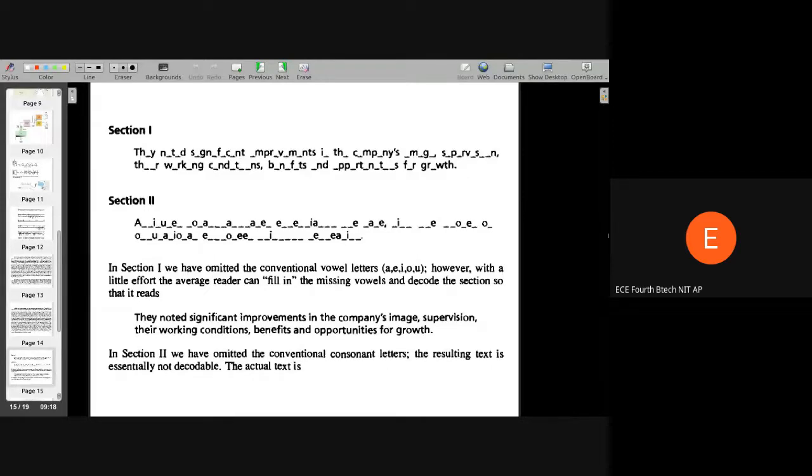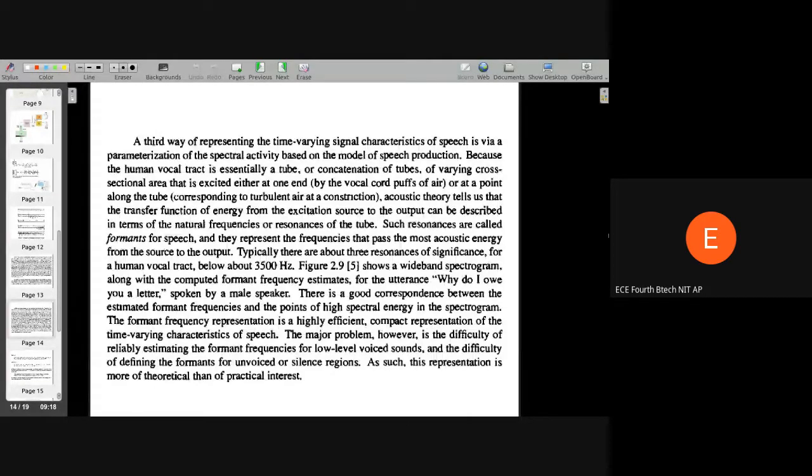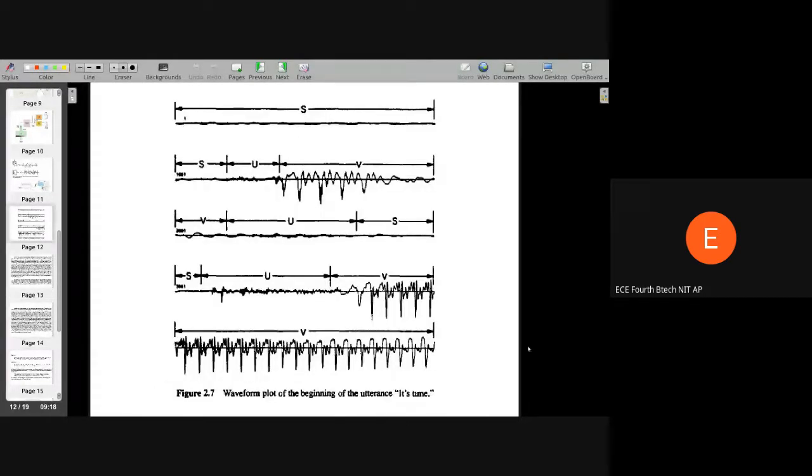Now, an important concept we talked about: voiced sounds, generally vowels, have a lot of energy in the speech waveform. For example, this is a voiced sound, and you see it has quite a lot of energy. Unvoiced sounds, written as U, have very little energy in the speech waveform.